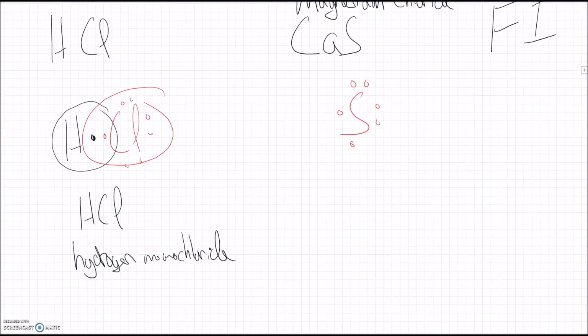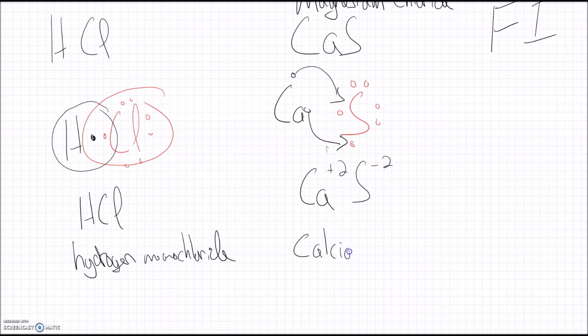How many in calcium? 2. So we can just go ahead and donate from calcium to sulfur. That would give us 1 calcium with a charge of positive 2, 1 sulfur with a charge of negative 2. Our name would be calcium sulfide. No prefixes for our ionic bonds.